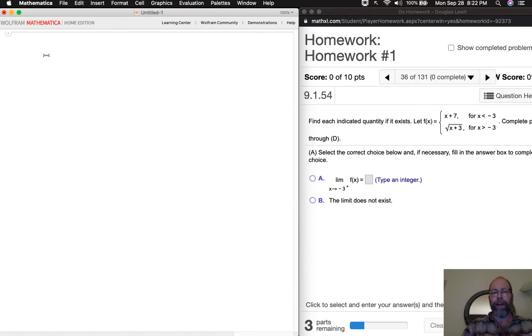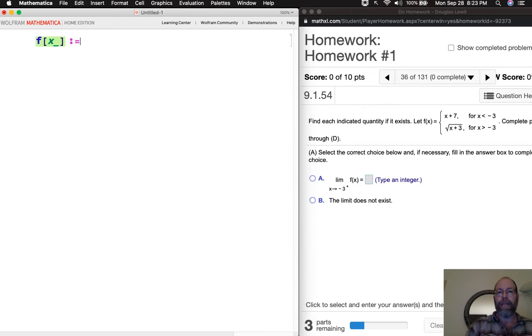First of all, I'm going to define a function here. I'm going to call it function f. My argument is x, and remember that the argument to a function, you can give it any letter you want. I'm going to use x because that's the letter that represents the argument in this problem, but you must always follow that with an underscore. The underscore tells Mathematica that x is the input or the argument to the function f.